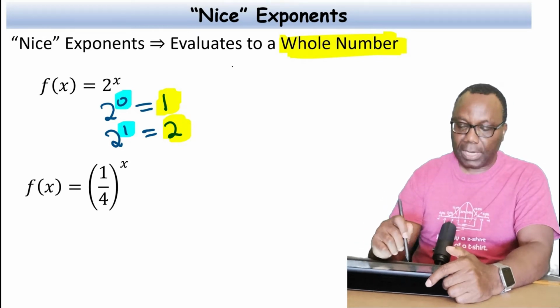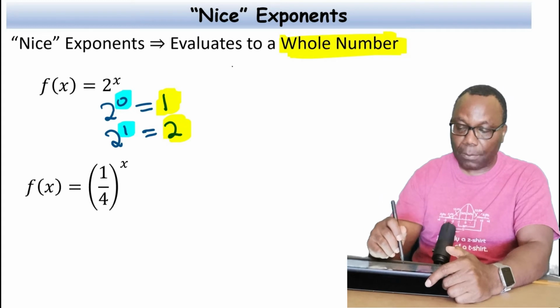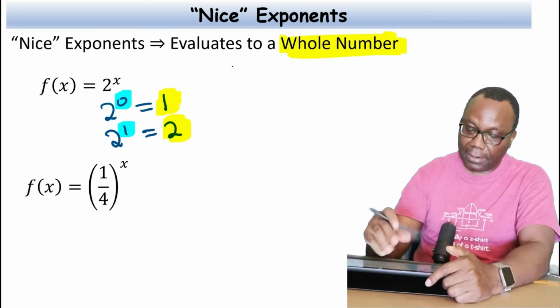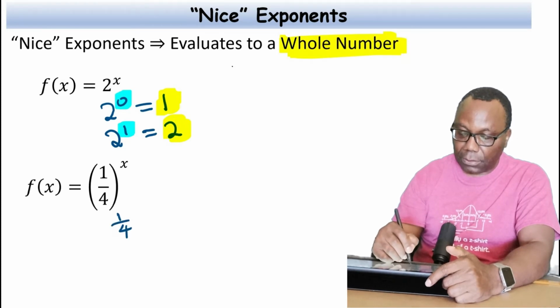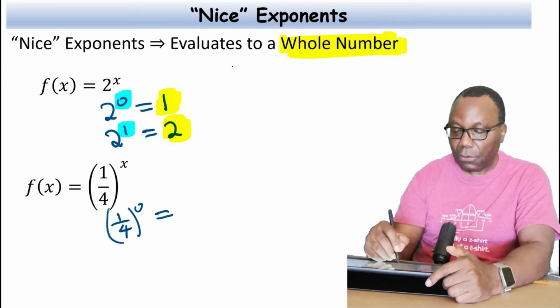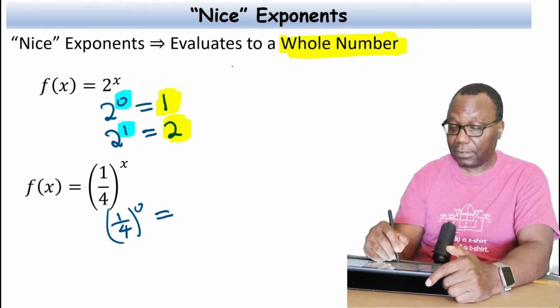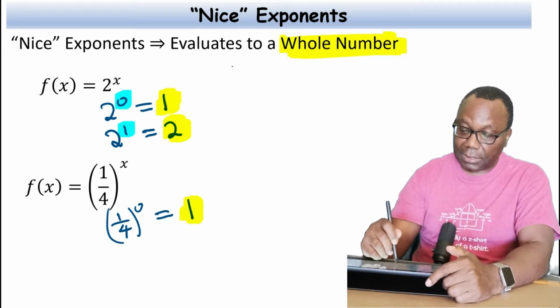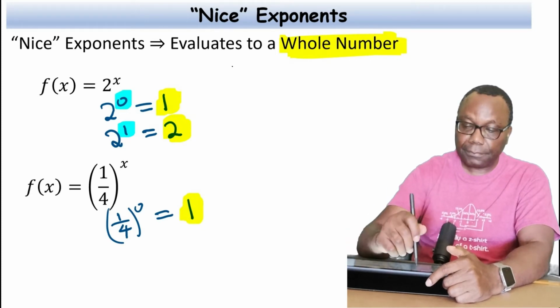All right, how about this one? If I plug in 0 there, will I get a whole number output? Let's see. If I put, let's work it over here, 1/4 to the power of 0. Well, anything to the power of 0 is 1. So pretty good. So output is whole number.